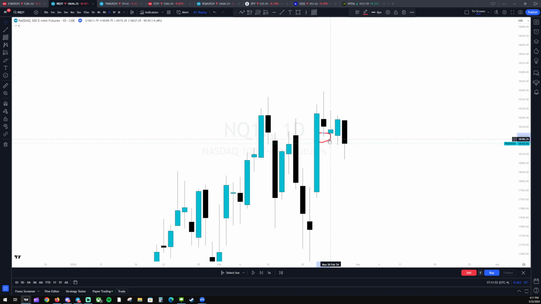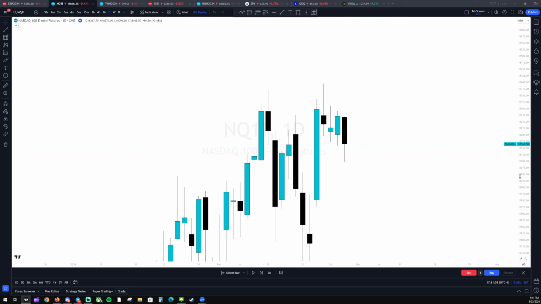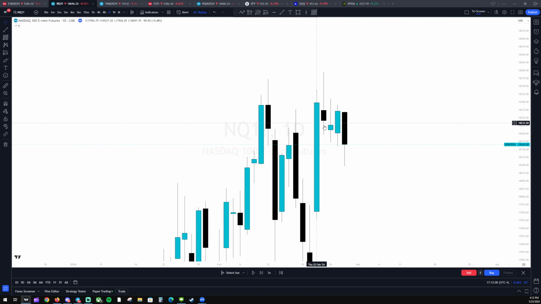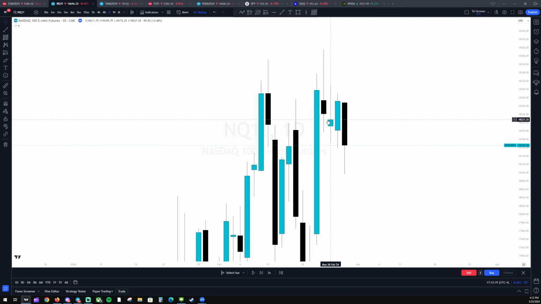After I see this daily close, the next day I'm already assuming we're going to be bearish at least to this previous day low, just based on it closing back inside the range of this up candle, right? You see we take that low.